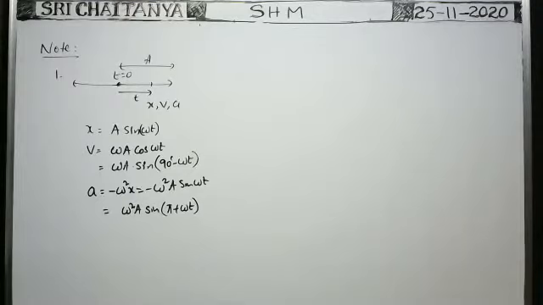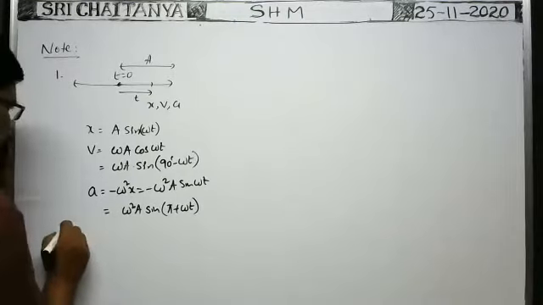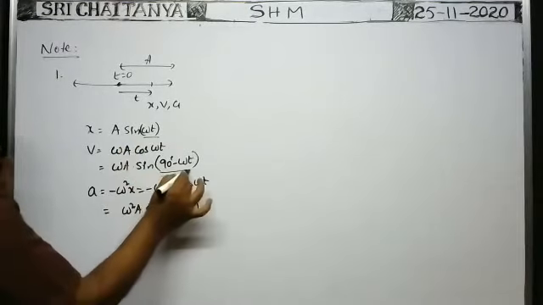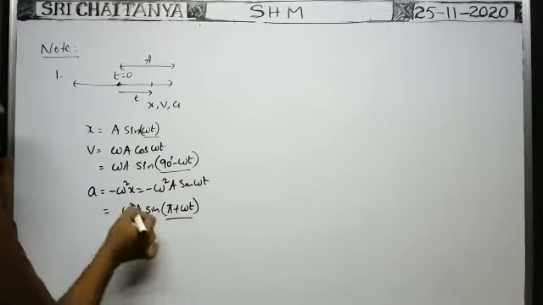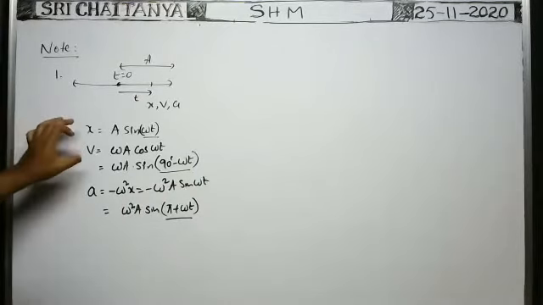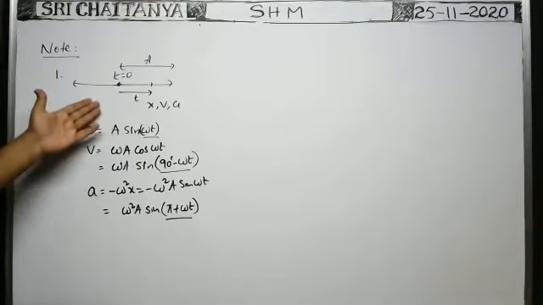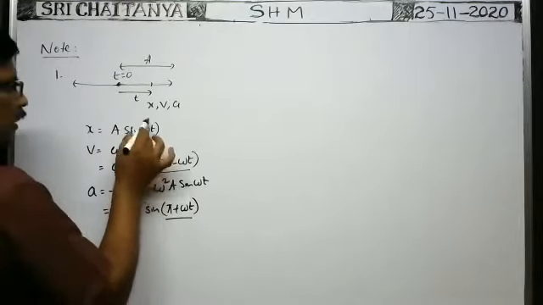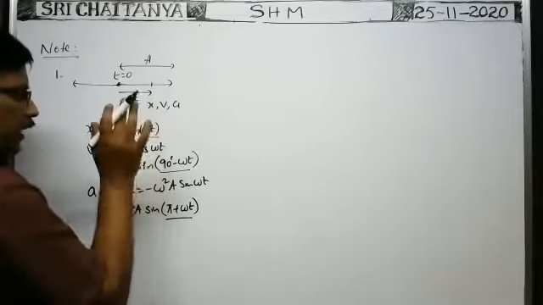Okay, you see, this is the phase angle for the displacement, this is the phase angle for the velocity, and this is the phase angle for the acceleration. While finding the phase difference between any physical quantities in SHM, all trigonometric functions, that means sine, cos, must be of the same type.